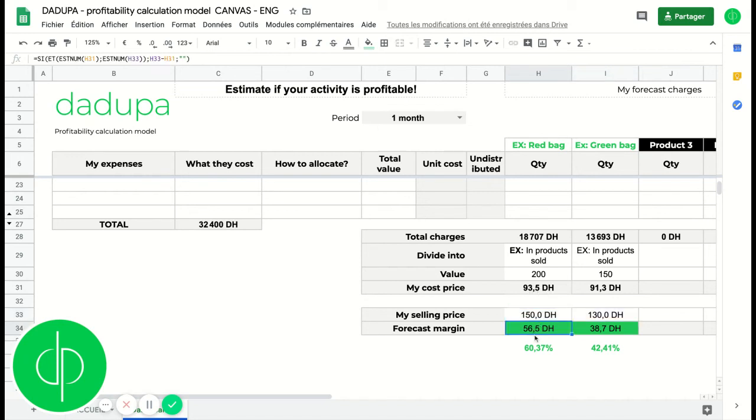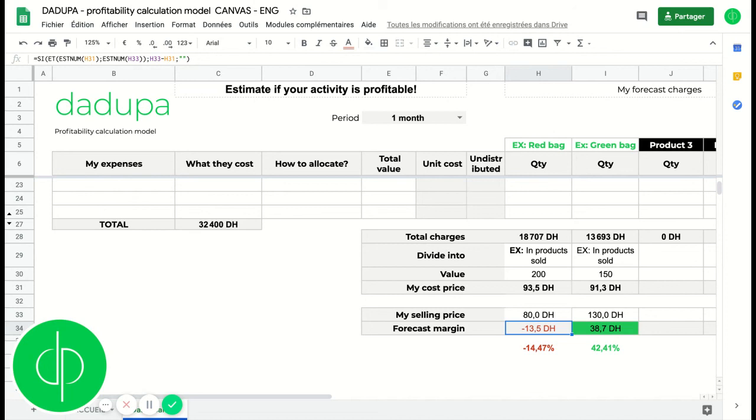So I have a positive margin of 56 dirhams and a percentage of margin of 60%. 42 for the green bag. Imagine that I was selling my red bag at, for example, 80 dirhams. My margin was negative.